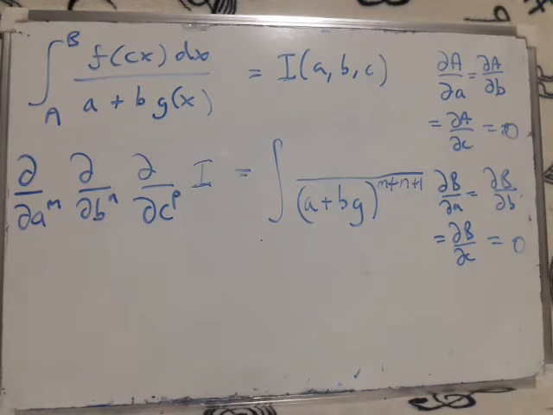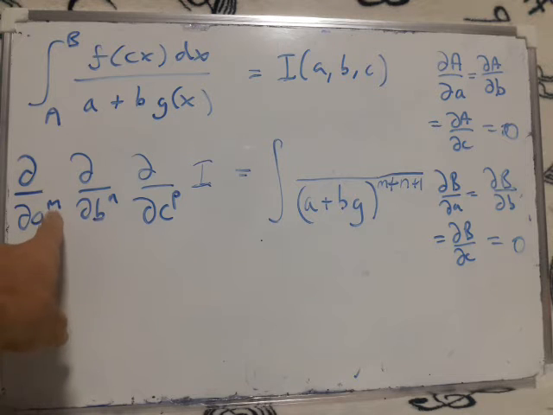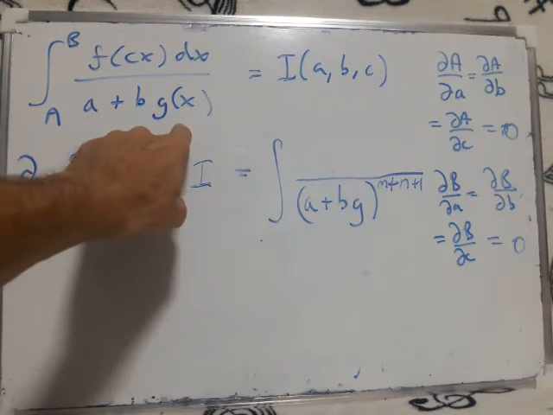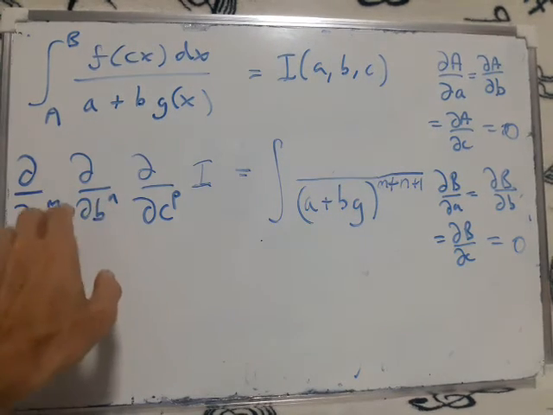So basically, we're going to end up with m plus n factorial on the top from this repeated differentiation. Let's take an example.